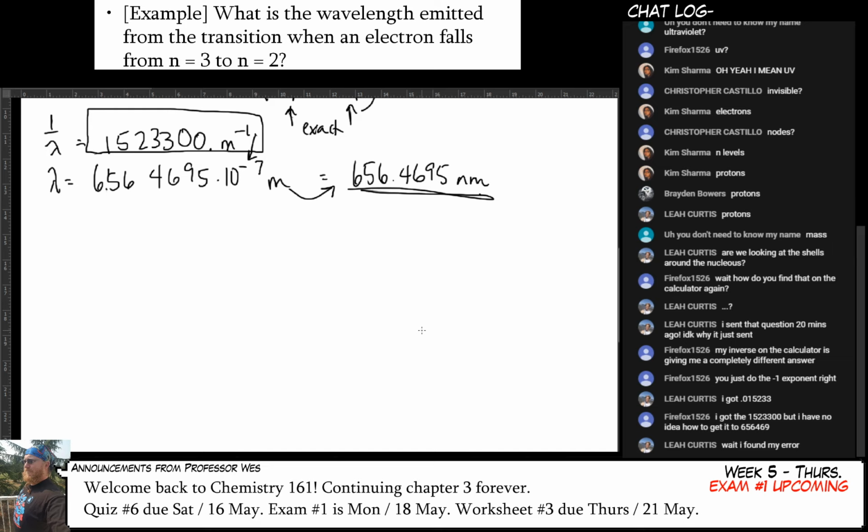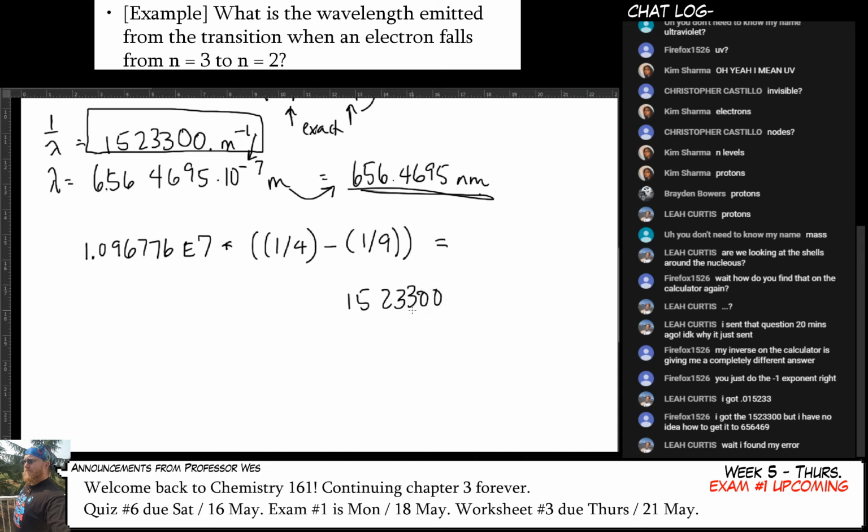I typed this into my calculator: 1.096776 times 10 to the 7 times parentheses 1 over 4 minus parentheses 1 over 9, and then I hit equal, and what it spit out was this.